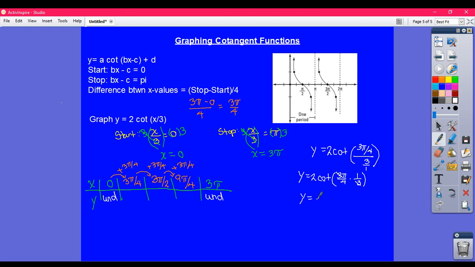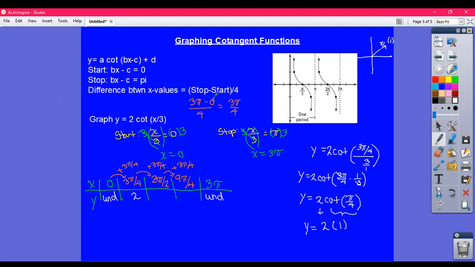What I'm really just finding is the cotangent of pi over 4. Now, if you look in your unit circle, pi over 4, I'm going to look at the tangent value there. The tangent value there is 1. So for me to get the cotangent value, I'm going to take the reciprocal of 1. Well, if the fraction form of 1 is 1 over 1 and I flip it, it's still going to give me 1. And now that I've solved it, bring down the 2. 2 times 1 gives me 2.